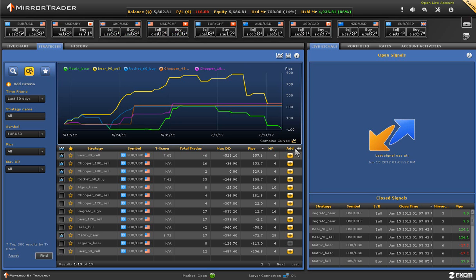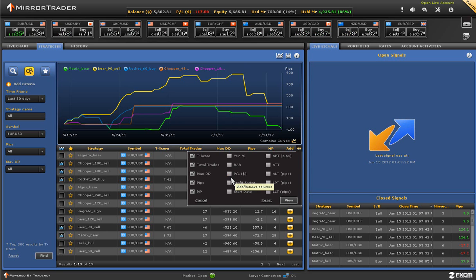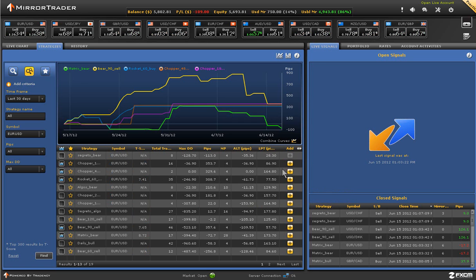And if you'd like, you can even add some additional concepts for yourself. For example, you can add something that people like to add to it. You can sort by the largest profitable trade. You can add the average loss per trade as additional ones, right?